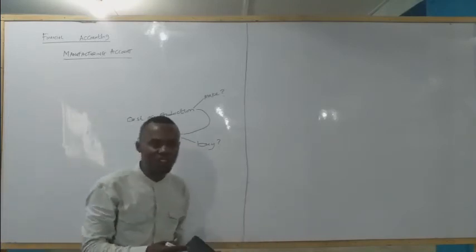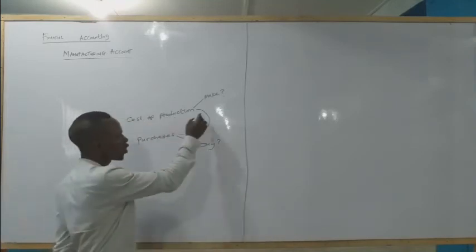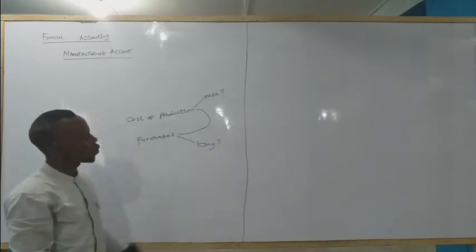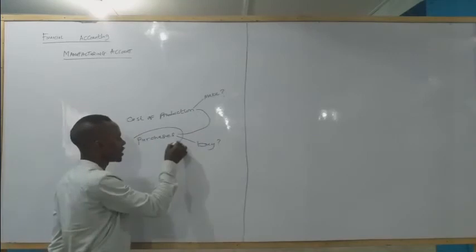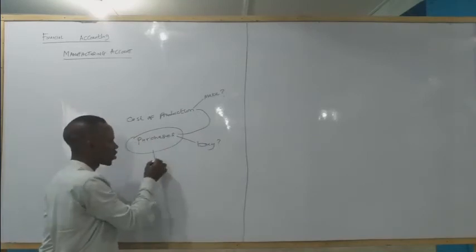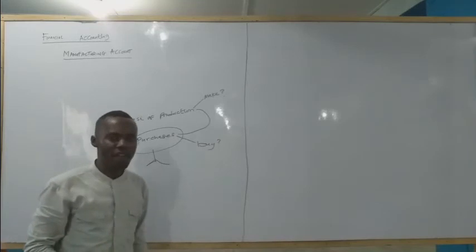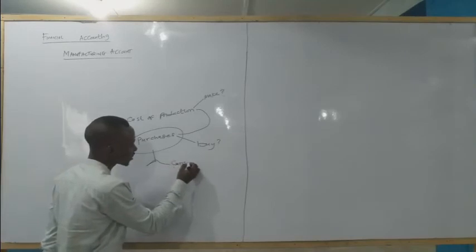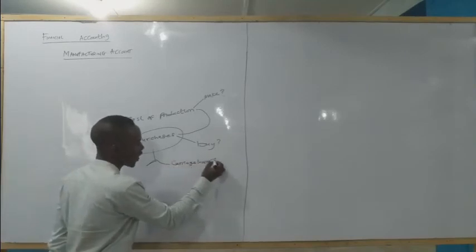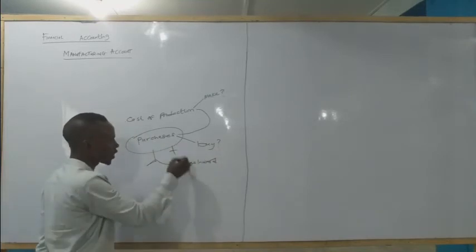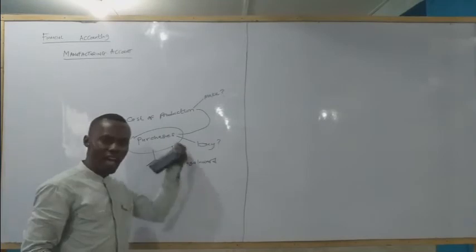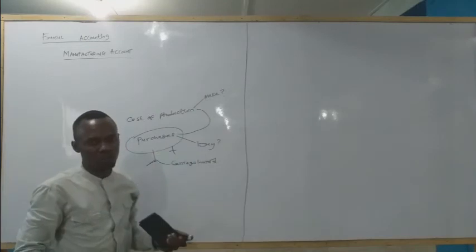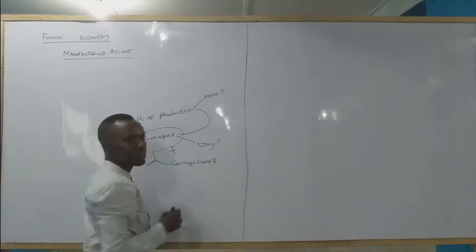So if we have considered our cost of production, prepared our budget, and we have forecasted that our cost of production will be higher than our purchases, then it is better we buy. But when we consider purchasing it and the cost to bring it to the warehouse, that is our carriage inward, the purchases plus our carriage inward, if we add those two and we find out that it is higher than the cost to produce, then we will choose to make.